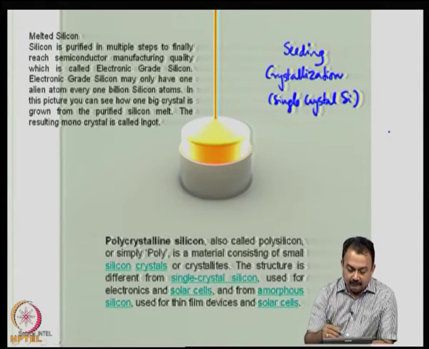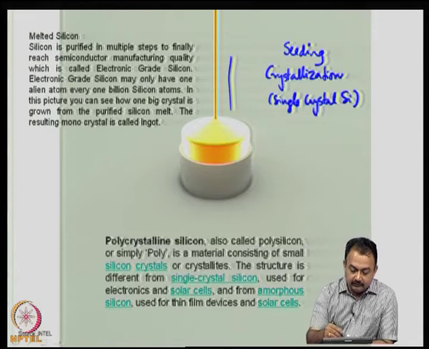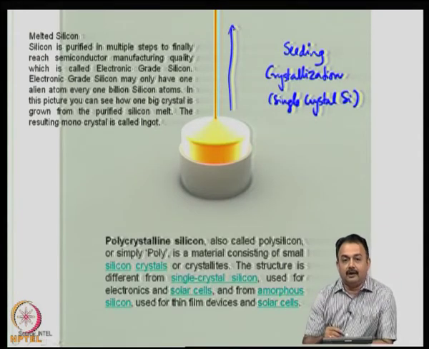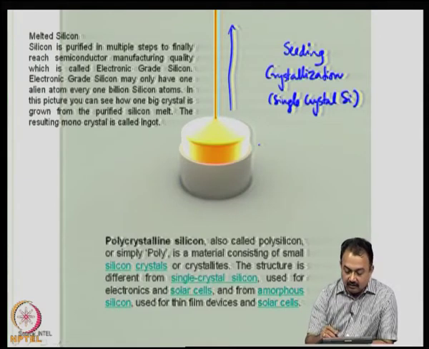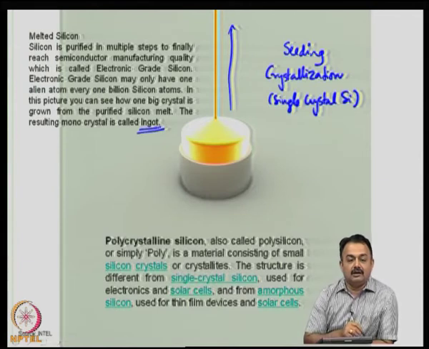So, basically there is a container in which it is molten, and then there is a seed crystal, and then you slowly drag it out. Okay. Then you get what is known as a monocrystal called an ingot. These are known as silicon ingots.